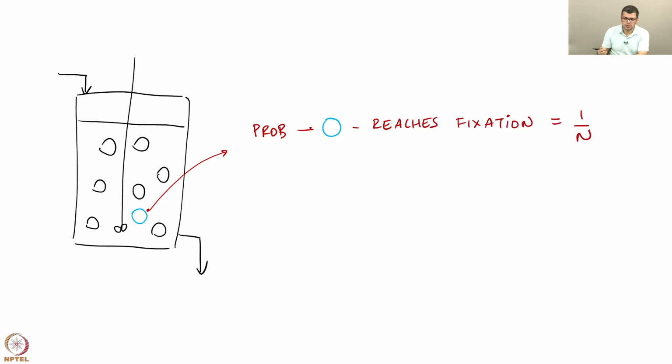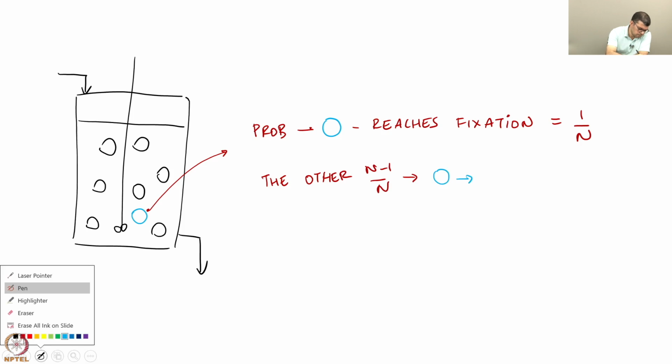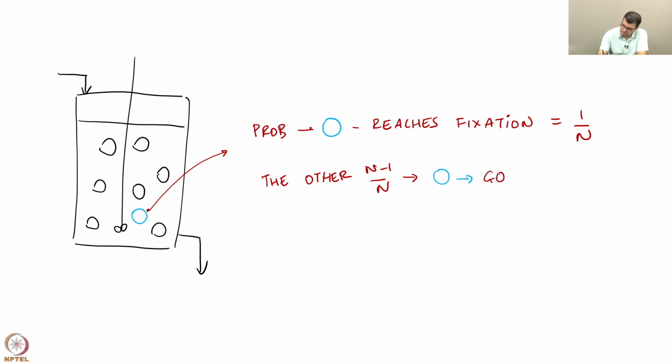The other n minus 1 upon n is the probability that this mutation is going to go extinct. These are the only two fates available to this mutation.